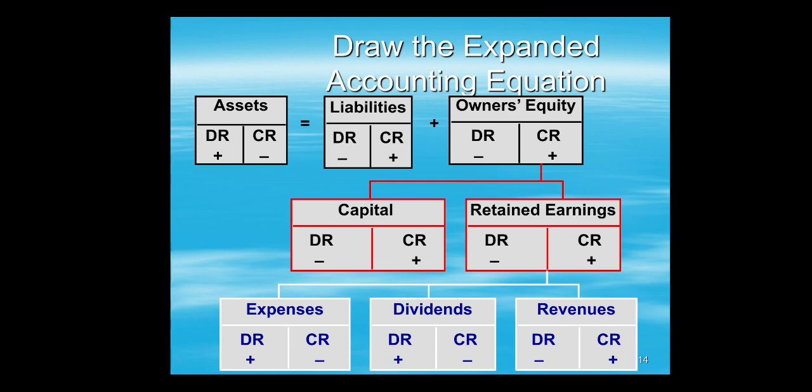When an owner of a business takes something from the business, for example, takes $1,000 cash from the business, the owner's equity will decrease. So you have to debit the drawings or withdrawal account. Why do you debit? Because there is a decrease in the owner's equity.